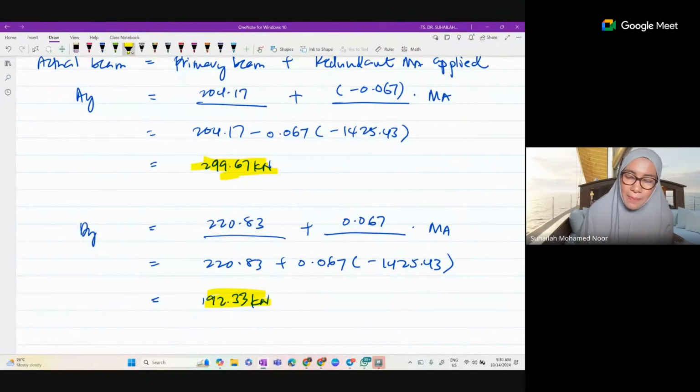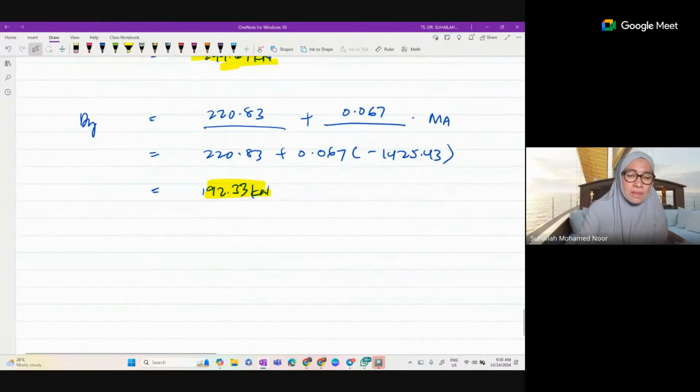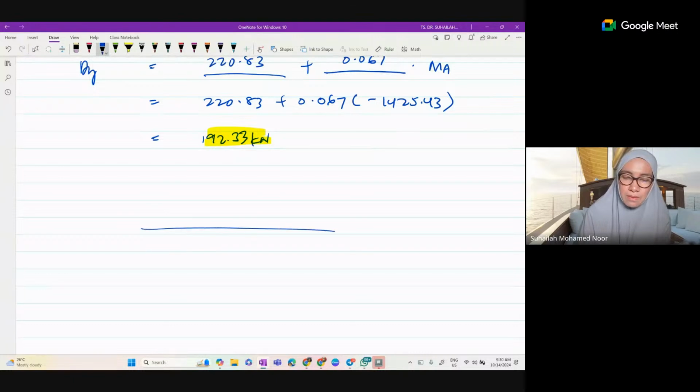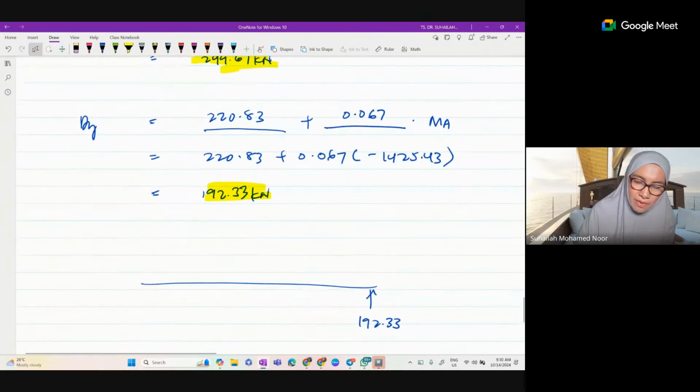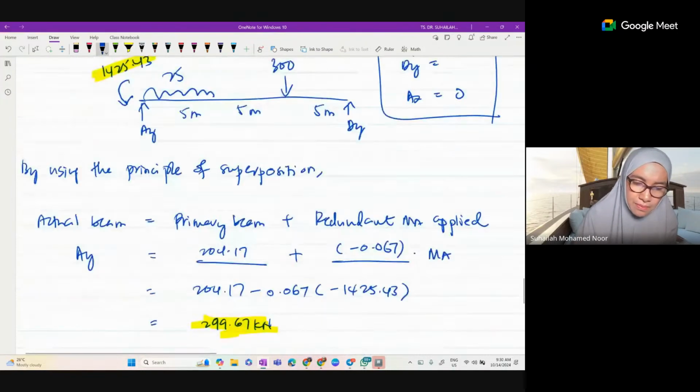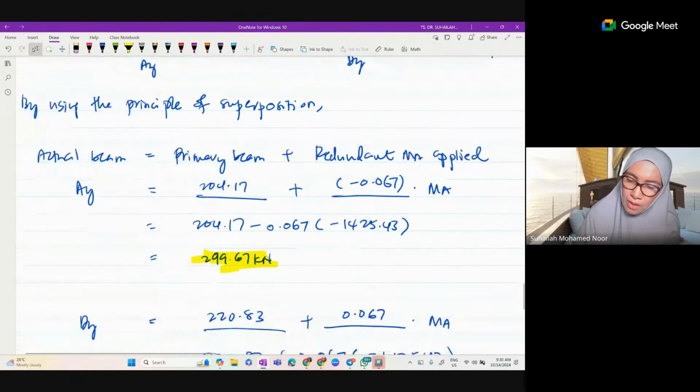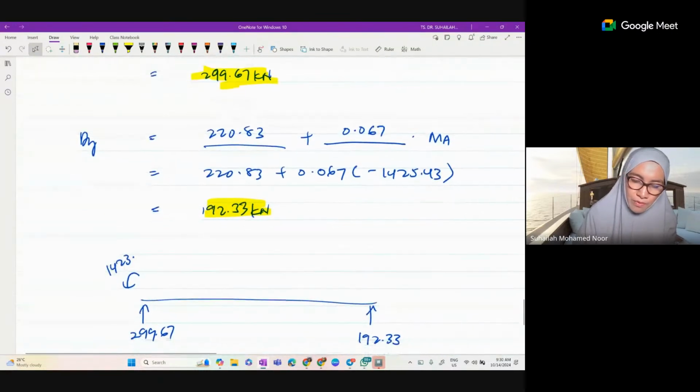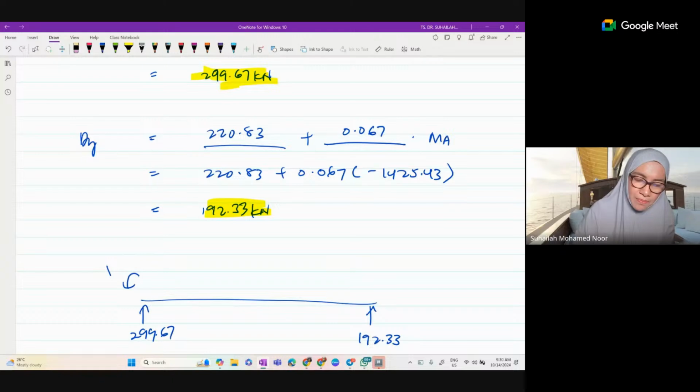Okay. So now dah dapat semua lah. Yang ni DY 192.33. Tadi tu 299.67. Yang ni tadi 1425.43, UDL 25 and this is 300.